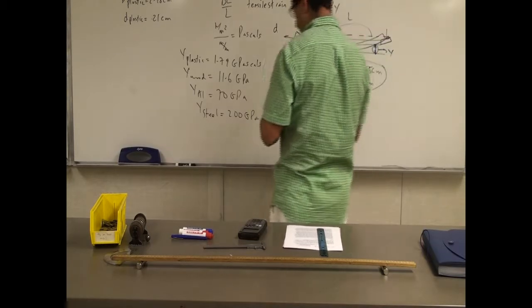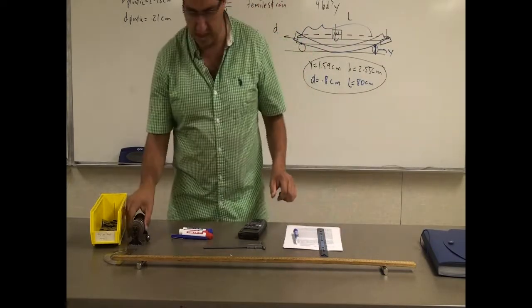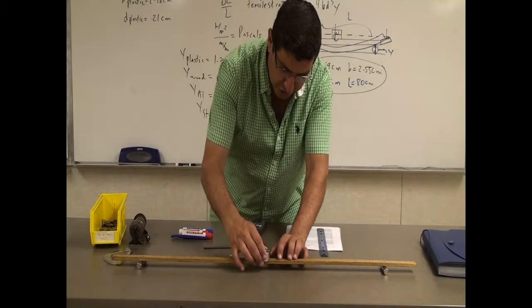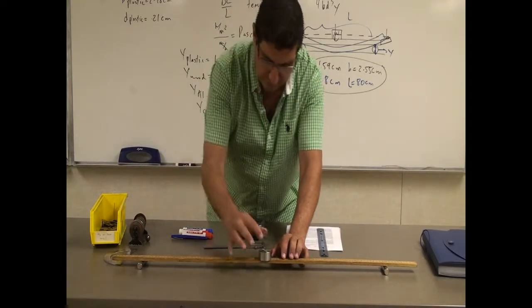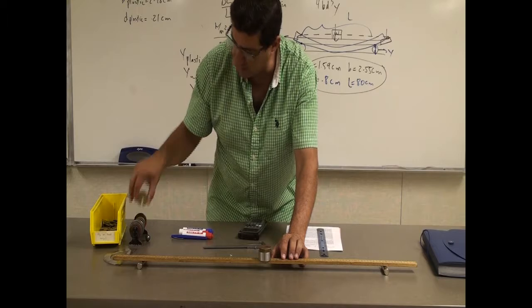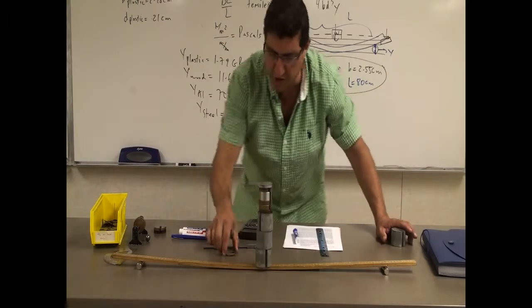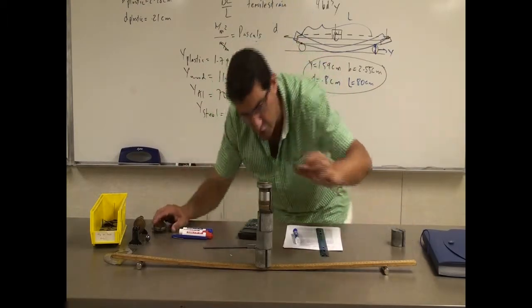So then I'm going to measure how much weight it takes to bend this all the way and touch the table. Keep putting weights on it. Touch the table. I don't want to touch it too hard.